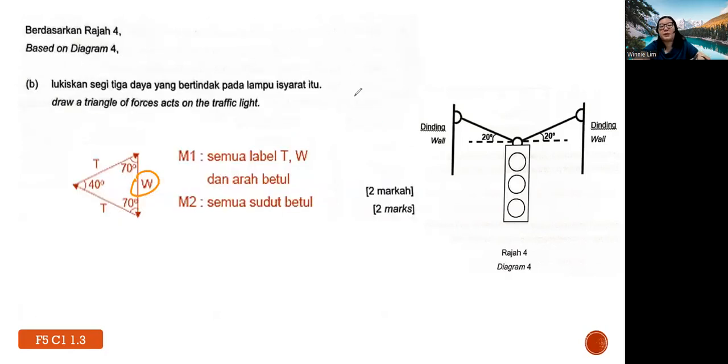So you give a proper scale like 1 cm is 100 Newton. So it's about 2 cm, right? You draw this and use a protractor to measure all these angles. Then you draw, extend, and get the intersection point. So you complete a triangle, right? Then you measure this length and find back the scale of 100 Newton. Then you get the answer for tension.